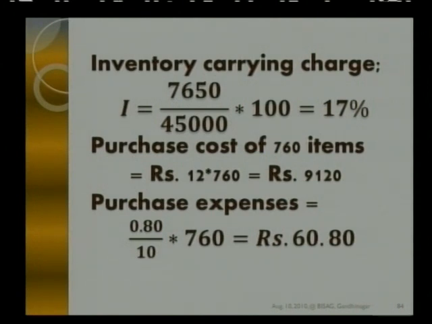The purchase expenses depend upon the order also, because every order is of about 10 units only. So 760 units are to be ordered, which must be in 76 batches. Per batch we have an ordering cost of 0.80.